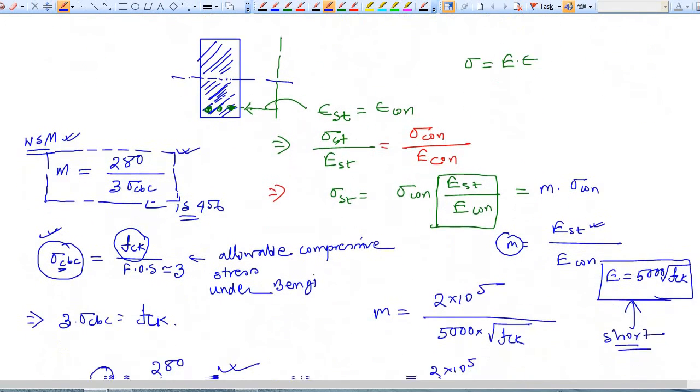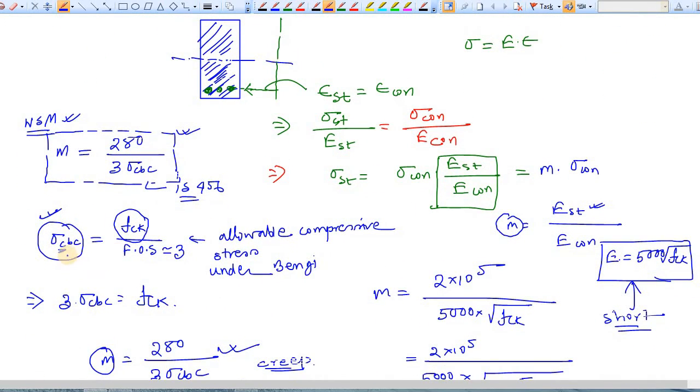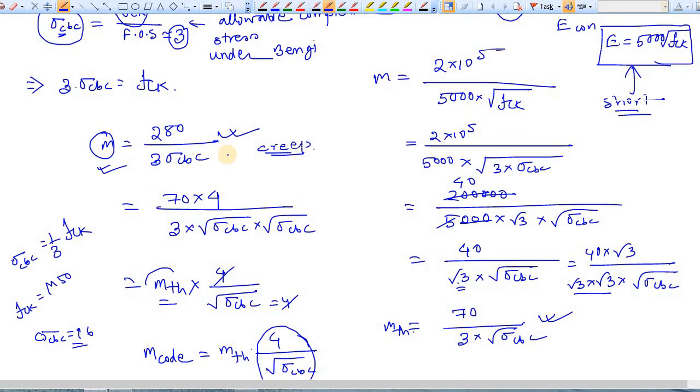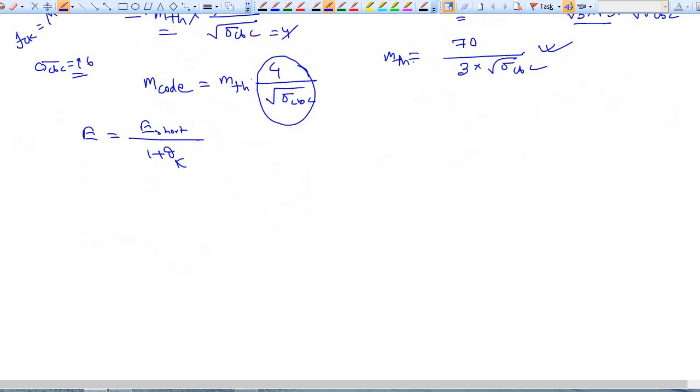That's why we have controlled our stress by application of a factor of safety, or you can say we have taken only 1/3 of maximum stress. And then the modular ratio. The modular ratio as per code is this one, and you have got the proof of where it came from.